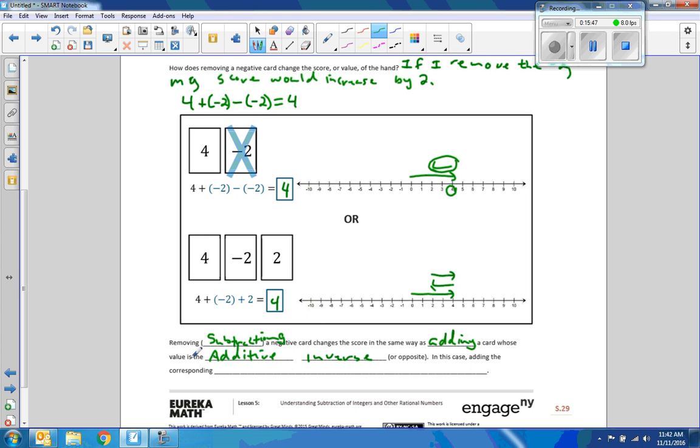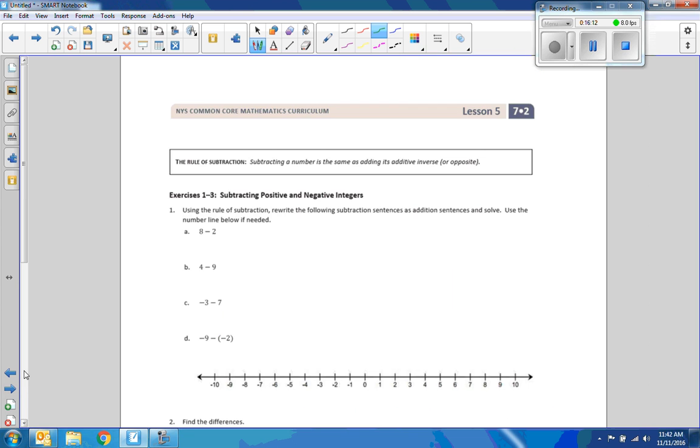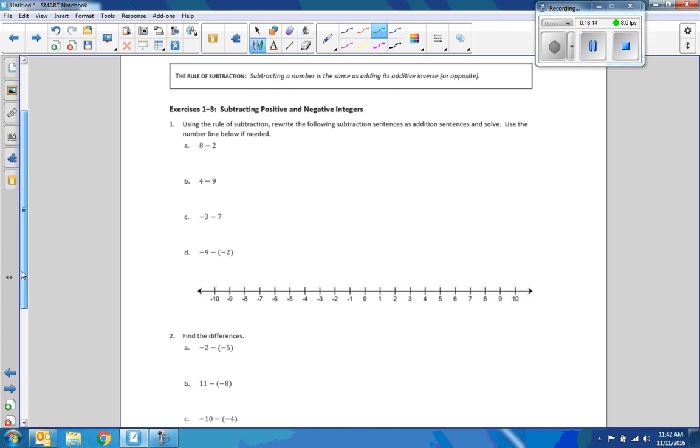In this case, adding the corresponding positive such that 4 minus negative 2 equals 4 plus 2. Okay, so the rule of subtraction: subtracting a number is the same as adding its additive inverse or opposite.